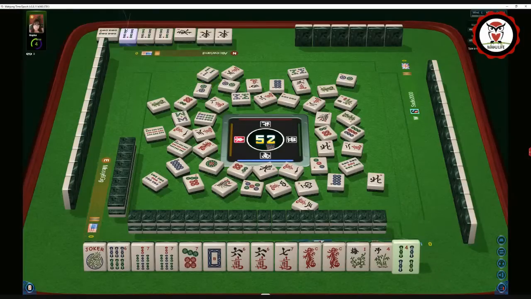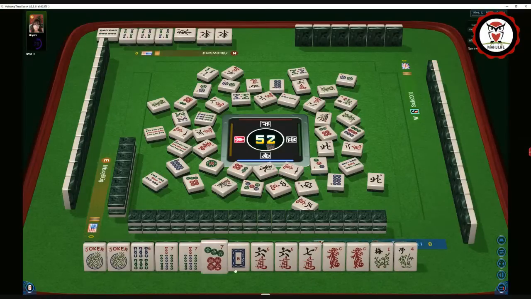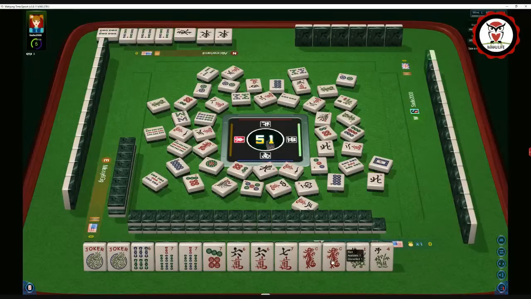Oh, Joker exchange. A little risky because we don't know how many Wests are out. Okay, we have to make a choice. Let's let the white dragon go. White dragon. So I'm thinking, 7 dots.